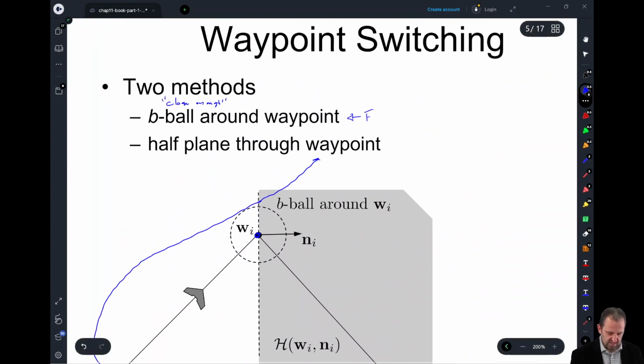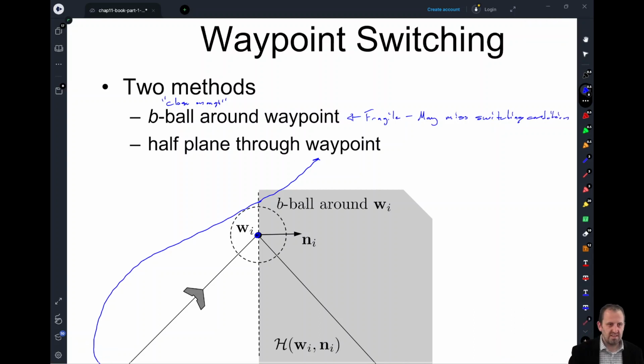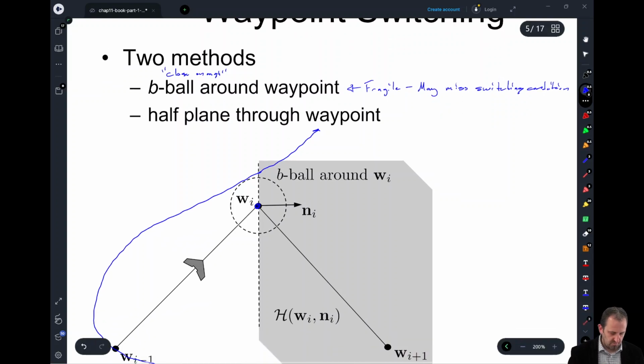Not a great technique, not very robust at all. It may miss the switching condition, so you have to be careful. It's really not a great technique to use.